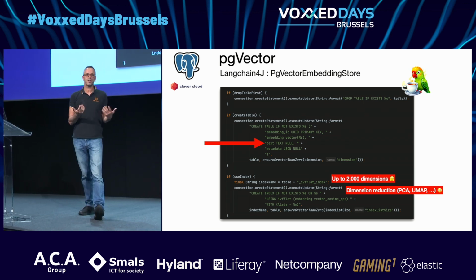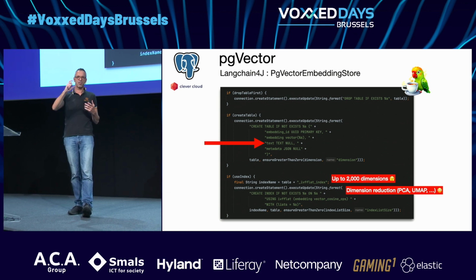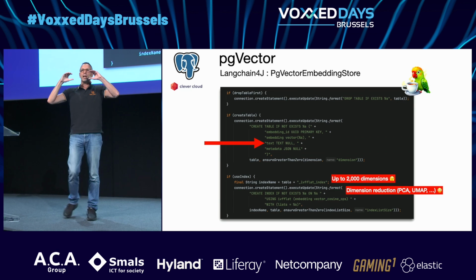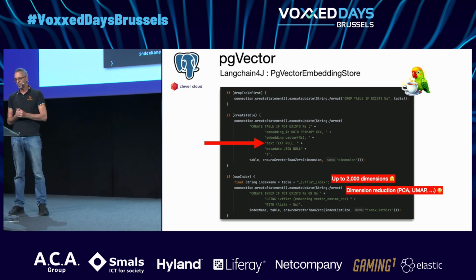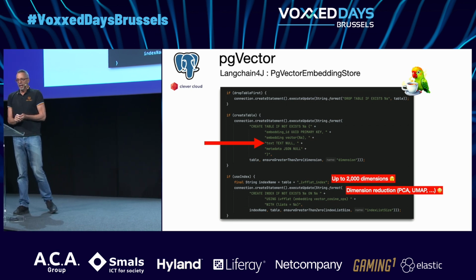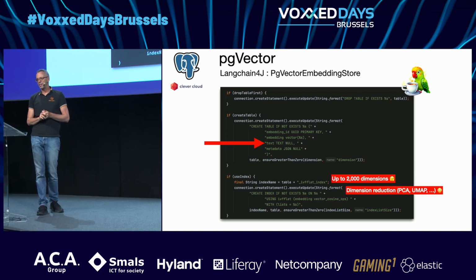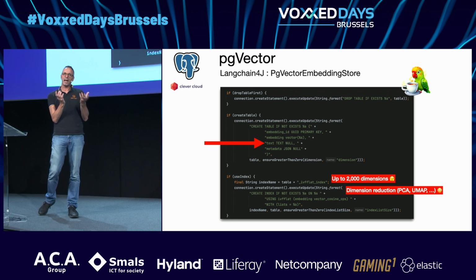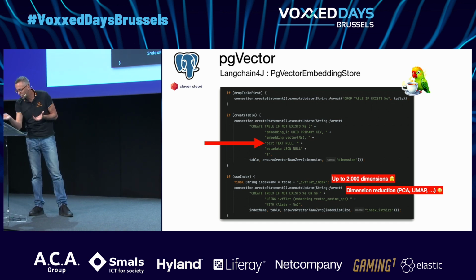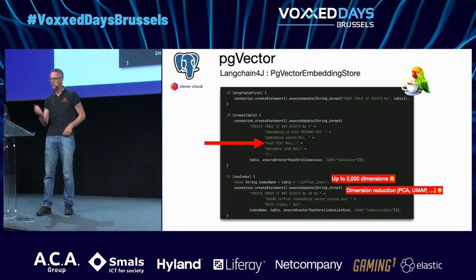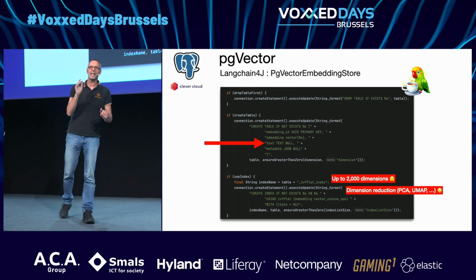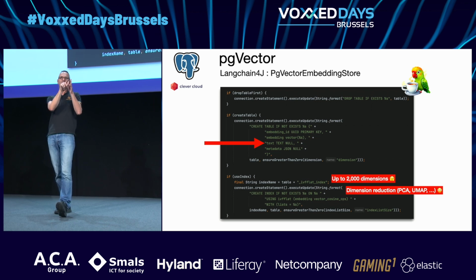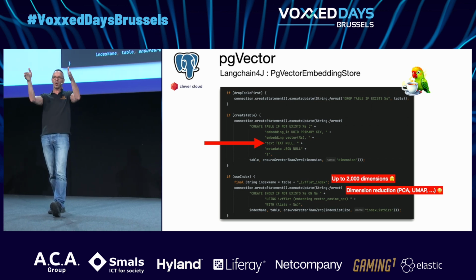PGVector is an extra module that you can add, which allows you to actually store the floats into your database. Now, what I didn't know is that they use a certain index to do the similarity search, and this index is called the IVF flat index, but it has a limitation to 2,000 dimensions. So you can only store 2,000 floats in one go.